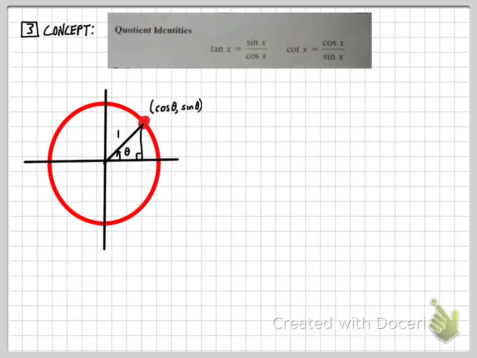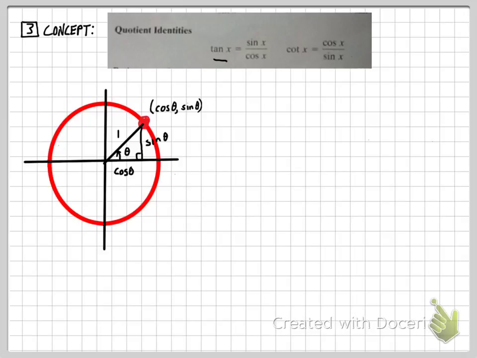If I think about the sides of this right triangle, one of the sides is cosine theta, and the other is sine theta. If you think about those as lengths of the triangle, we can go back to our right triangle trigonometry that we learned in geometry, and the fact that the tangent is simply the opposite over the adjacent.